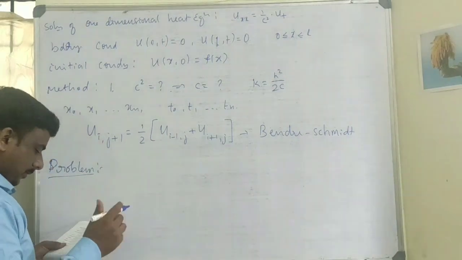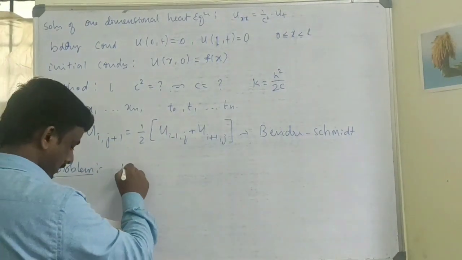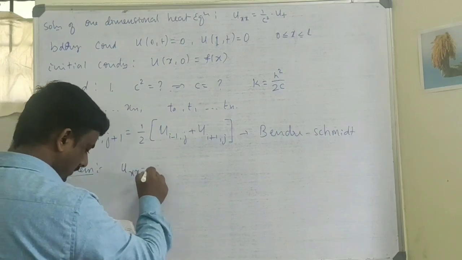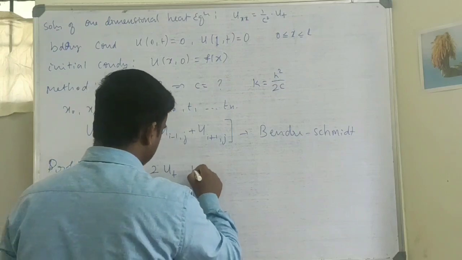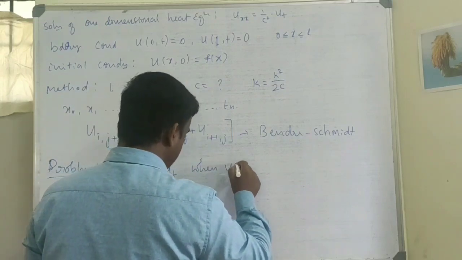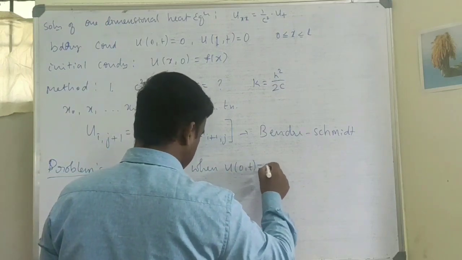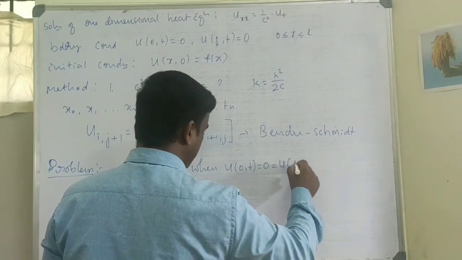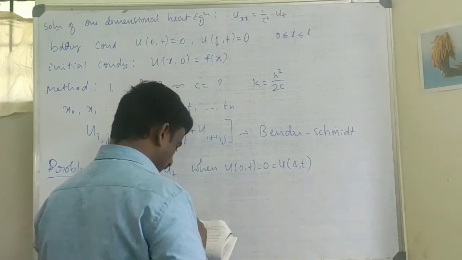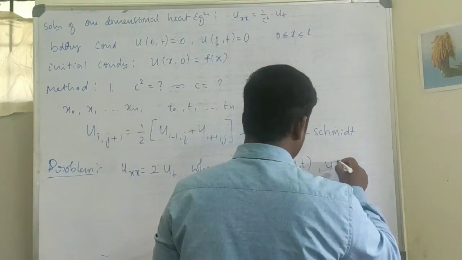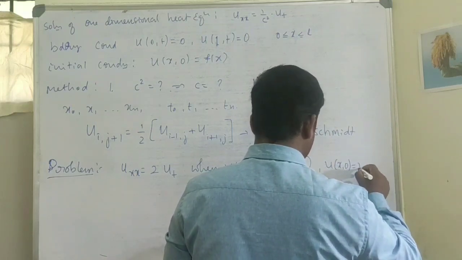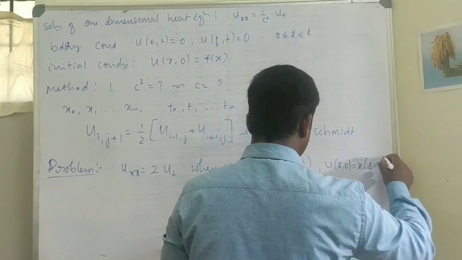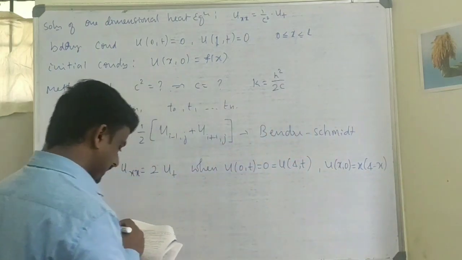Find the numerical solution of the parabolic equation u double x equal to 2 into ut when u of 0 comma t equal to 0 equal to u of 4 comma t and u of x comma 0 equal to x into 4 minus x, and taking h equal to 1.